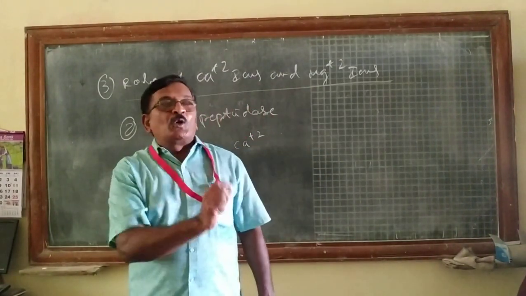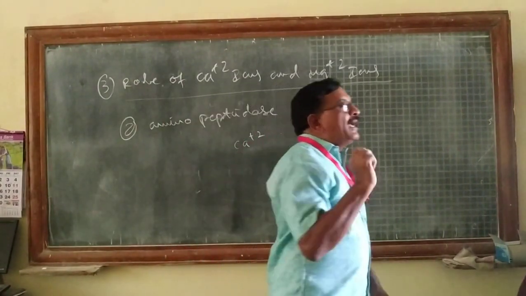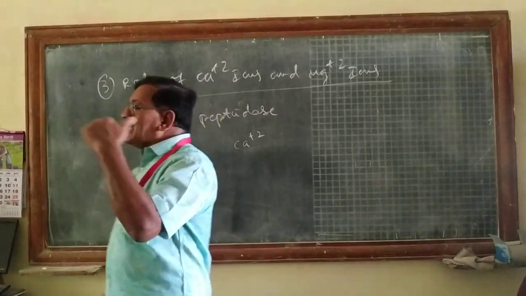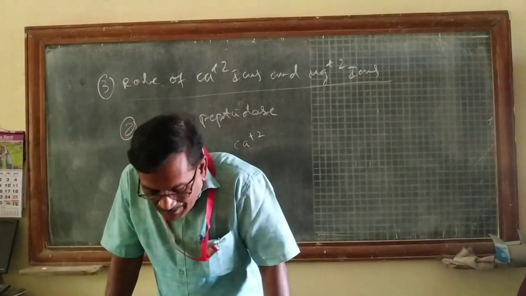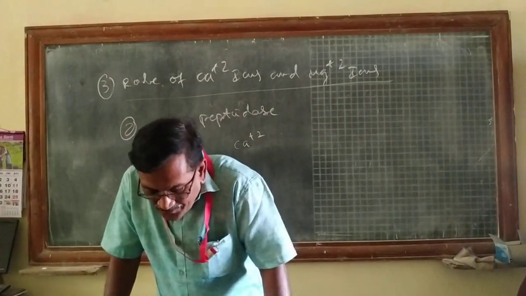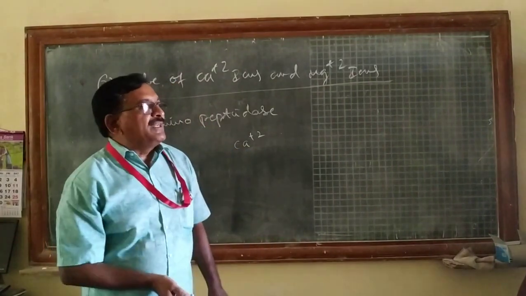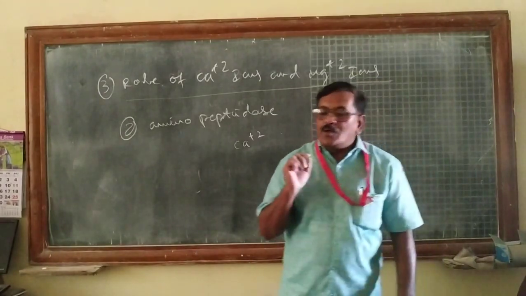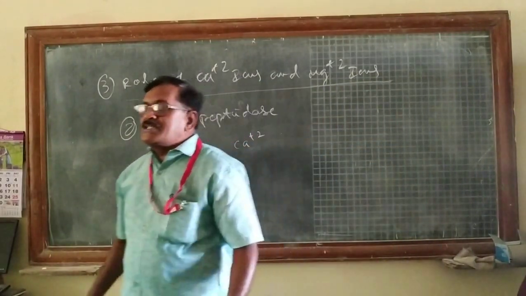For child growth, suppose a kid is 2 or 3 years old and grows up over about 10 or 15 years, calcium is very important for that maintenance. If there is a calcium deficiency, the child does not grow well.